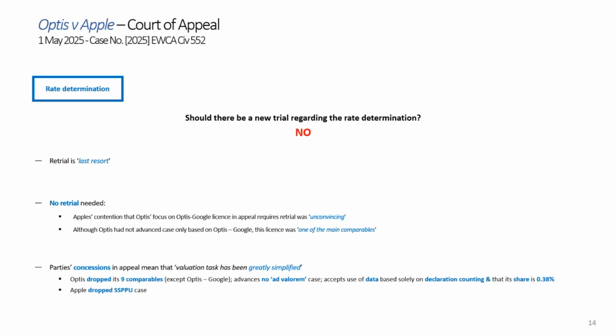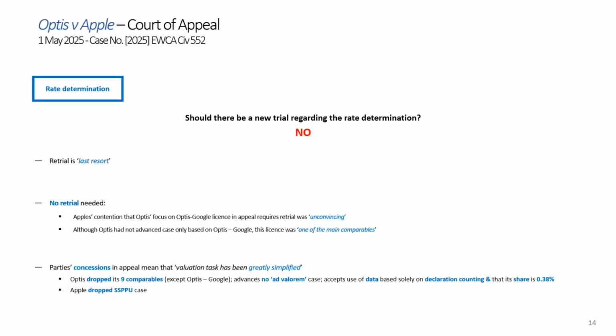So it was not justified just to order a retrial where more or less some part of the evidence would be reused. And apart from that, the court also said the valuation exercise now in the appeal proceedings was greatly simplified because both parties had made several concessions regarding several points, which made the assessment easier because there were not so many disputes on every single aspect.